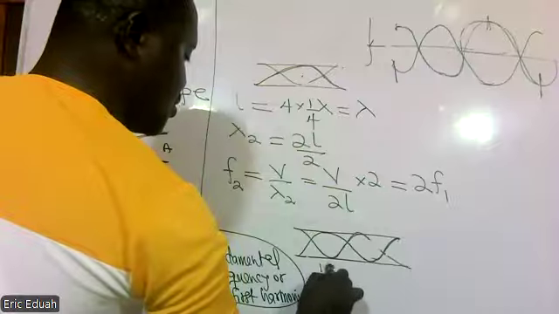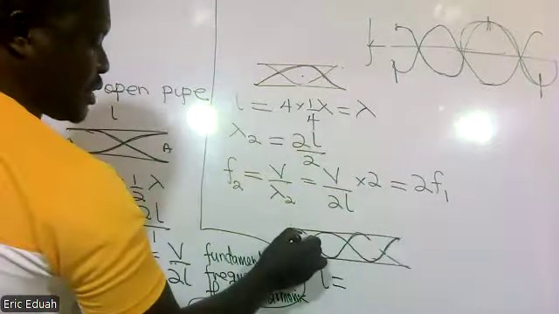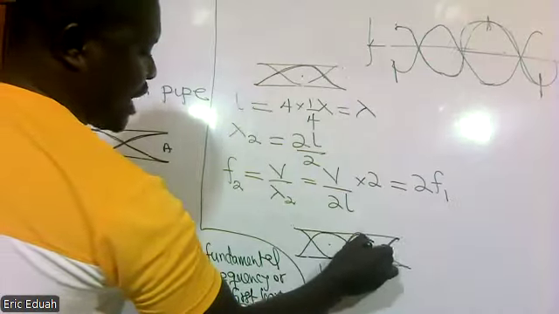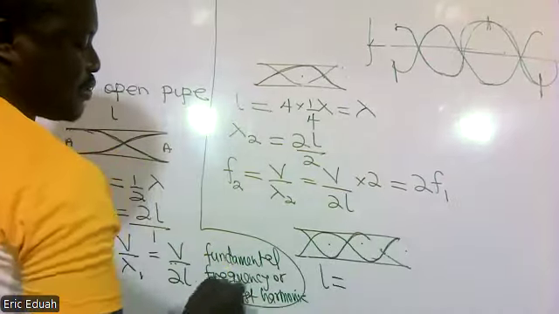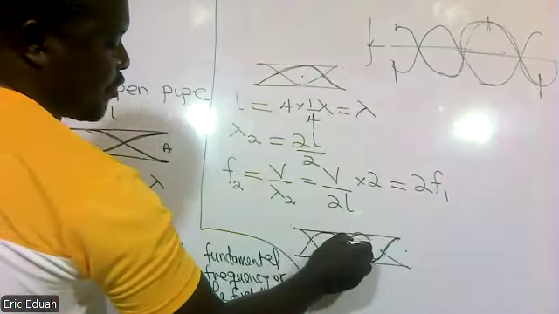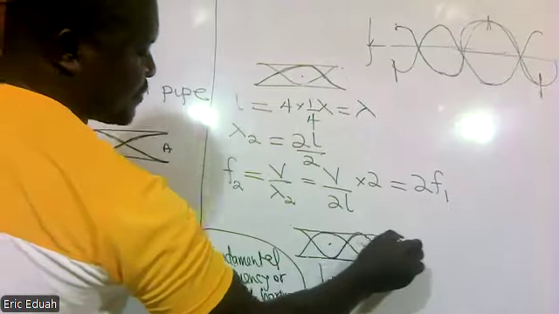Therefore, L will be equal to, this is quarter, 1, 2, 3, 4, 5, 6. Let's count it again. 1, 2, 3, 4, 5, 6.